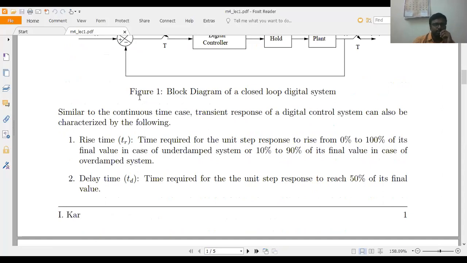The delay time is the time required for the unit step response to reach 50% of its final value. This is the second transient state specification of a closed loop control system.